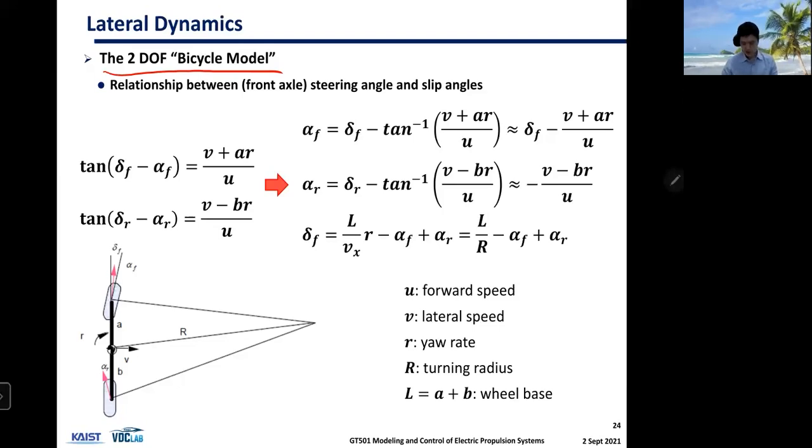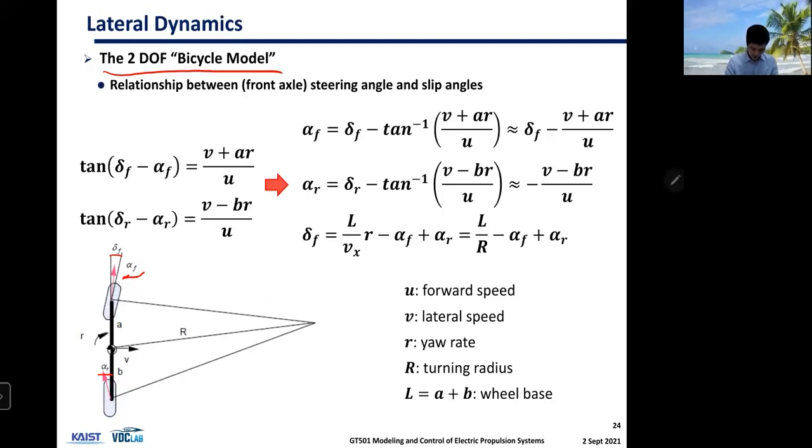And this slide shows kinematic relationships of that model, relating geometry, right? So we have delta F, which is the heading angle of the front tire, and alpha F, which is the slip angle of the front tire. And alpha rear is the slip angle of the rear tire.